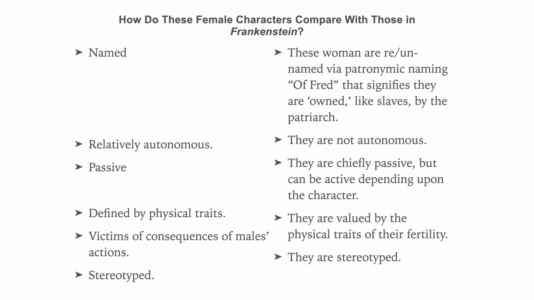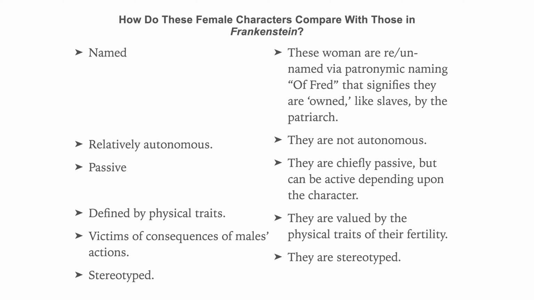The older Frankenstein novel features relatively autonomous women, unlike the regime that has come to be in the more contemporary Handmaids. The women in both are chiefly passive, but can be active depending on character.